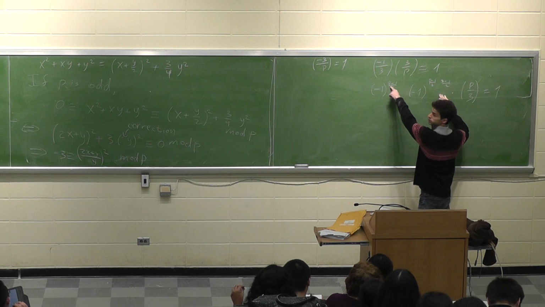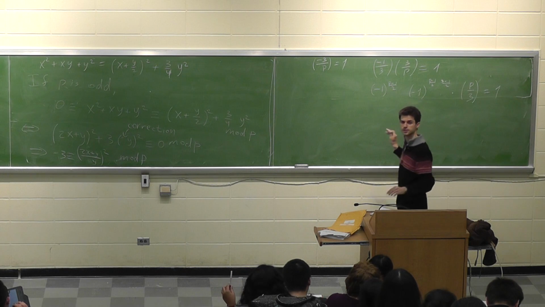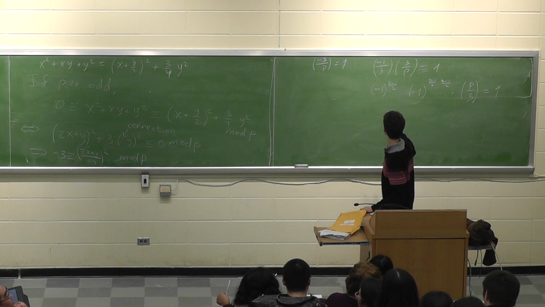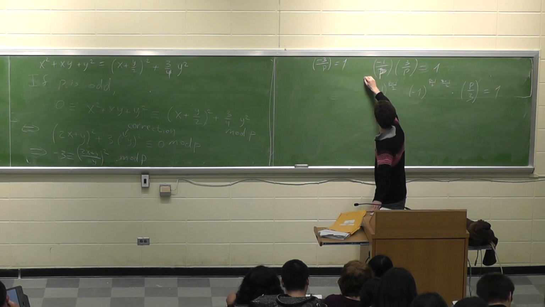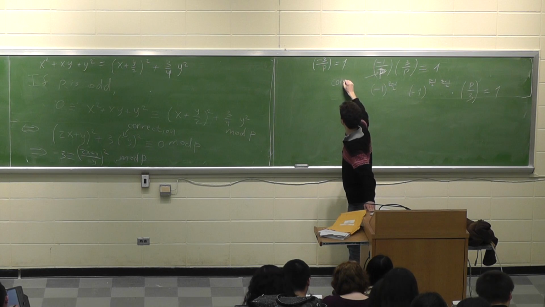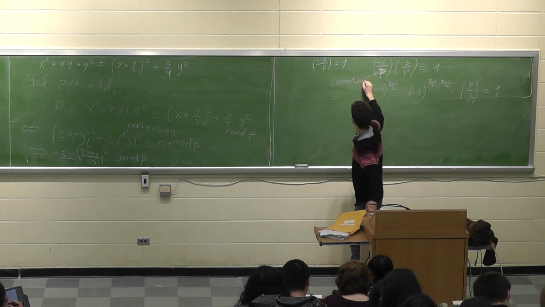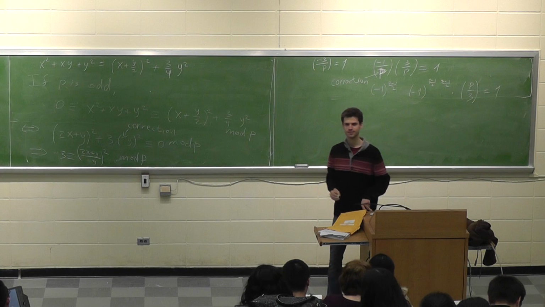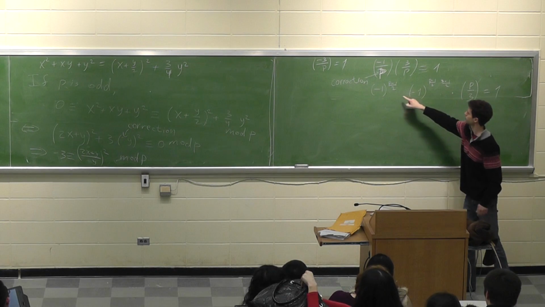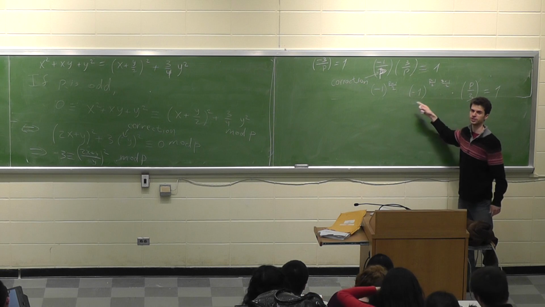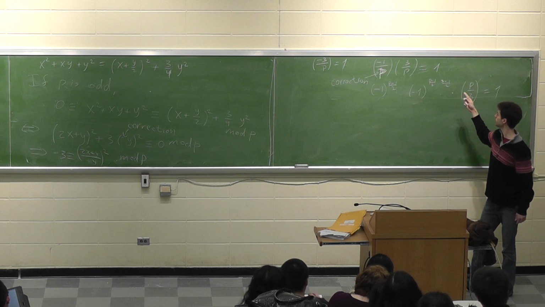Well, here you have minus 1 to the p minus 1 over 2 over p. Yes. Thank you. So here I have this whole thing multiplies to minus 1 to the power p minus 1.